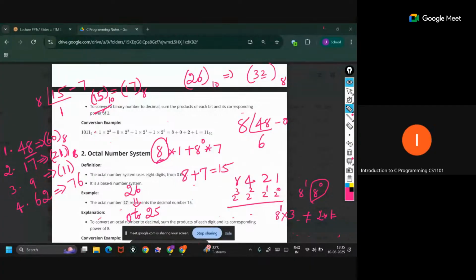Okay. So next, let's say I have an octal number and I have to convert it to binary. Let's take 11. In octal, we have to represent each digit with a 3-bit binary value. Let's take some other value, 60. How to represent 6?